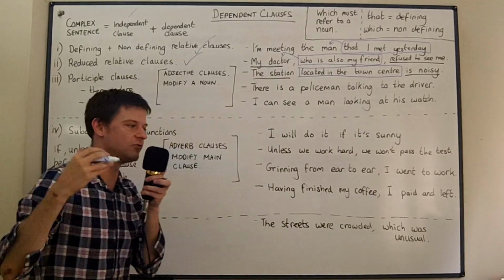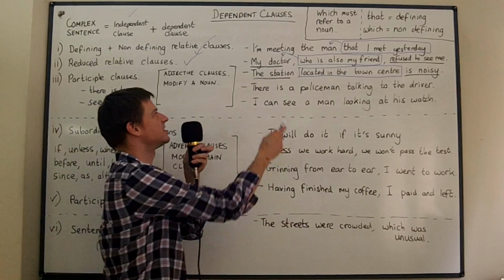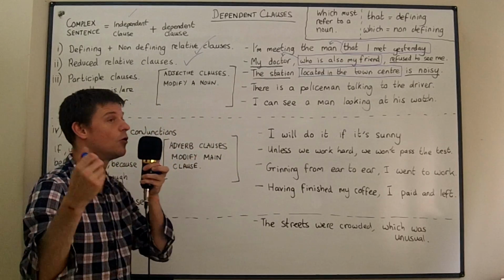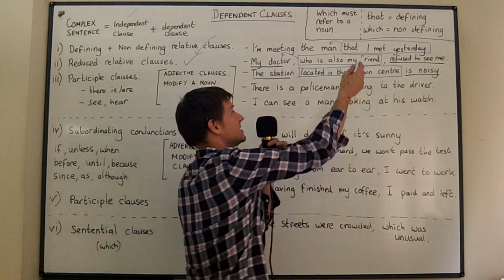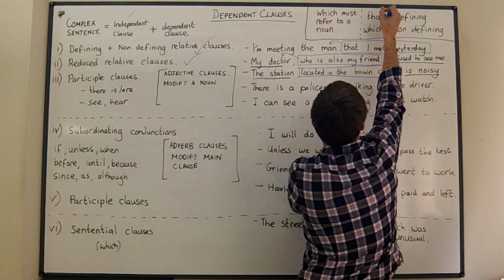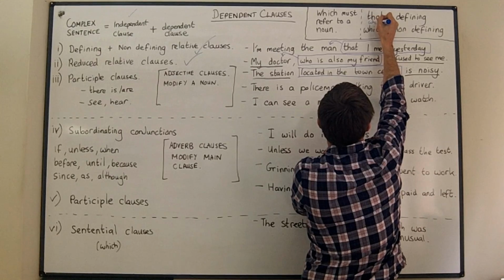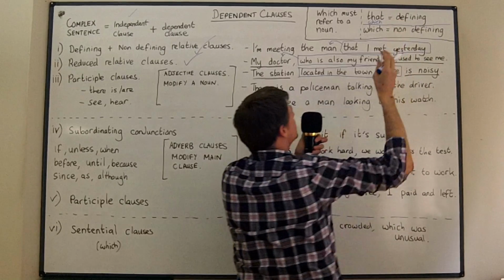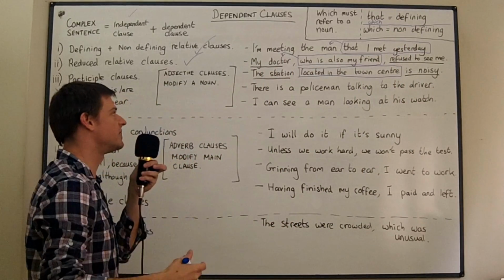Now we call it a reduced relative clause because it's the station which is located in the town centre, or that is located in the town centre. In British English, which or that can be used for defining, but in American English I have read that only that can. So it all depends on whether you're using British English or American English.